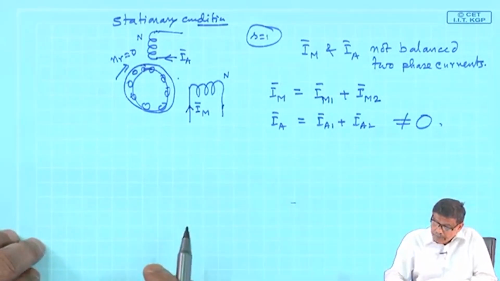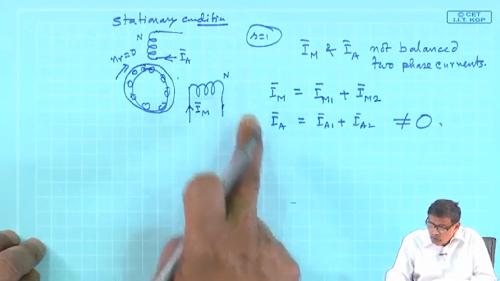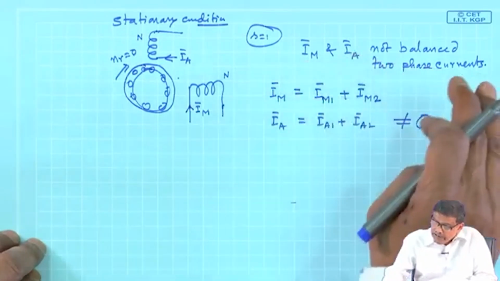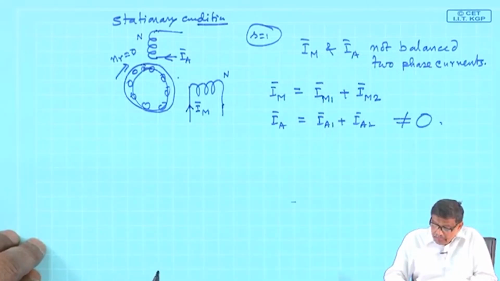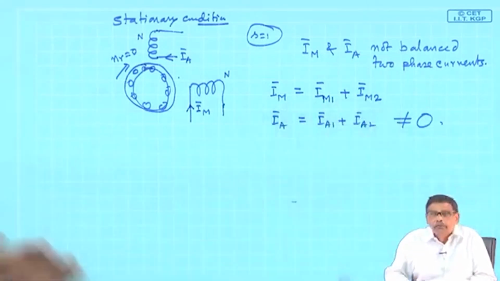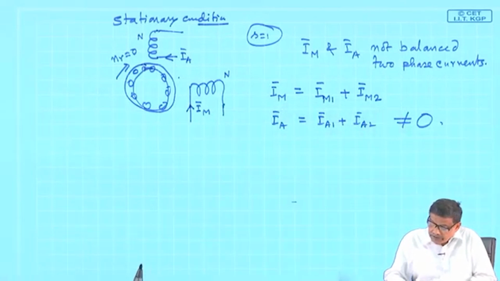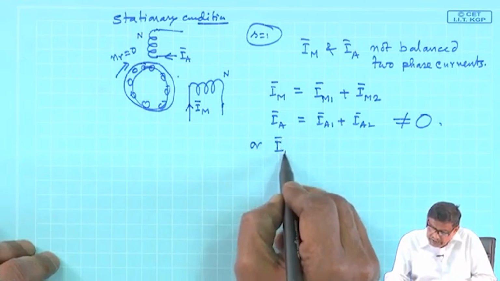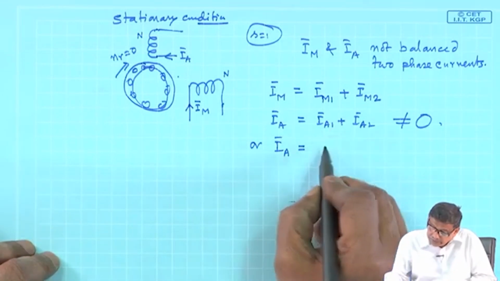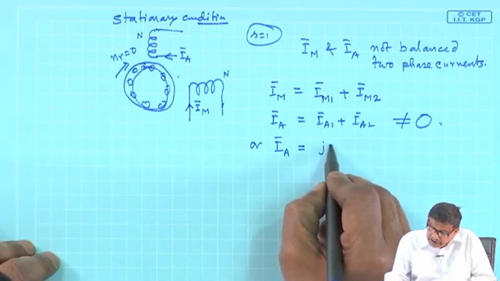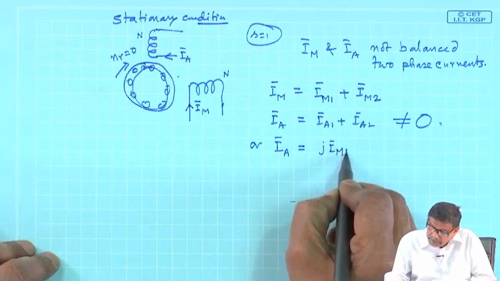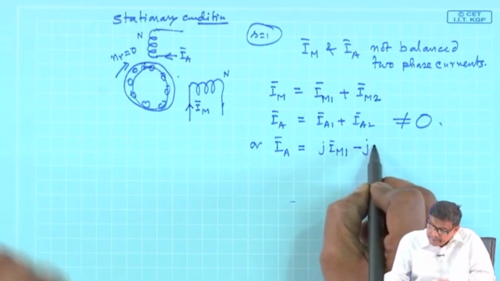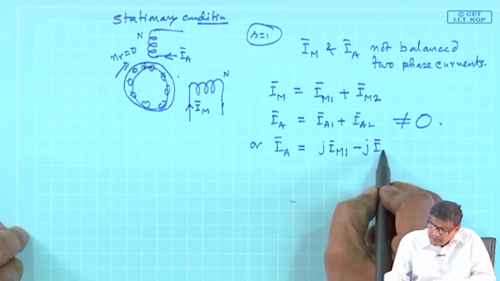Nonetheless, these two currents I m, I A are unbalanced two phase current. Therefore, they have their own positive and negative sequence of current, of which I bar A can be written as j I bar M 1 and minus j I bar M 2.